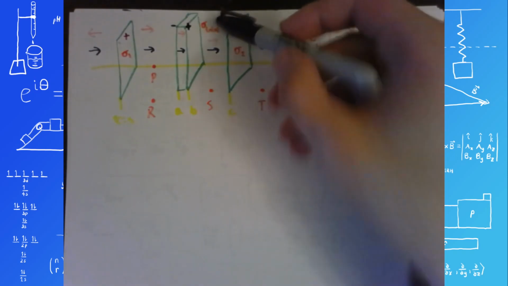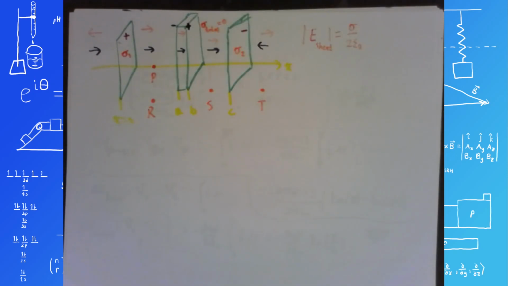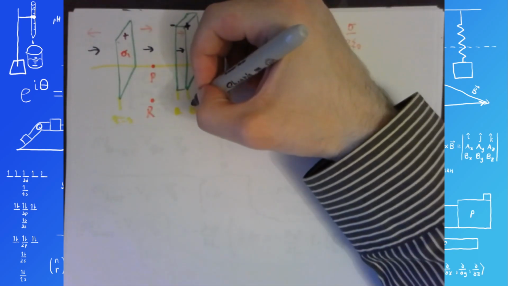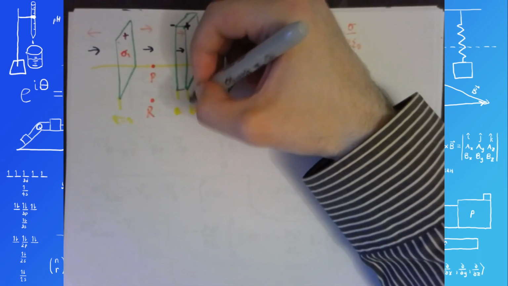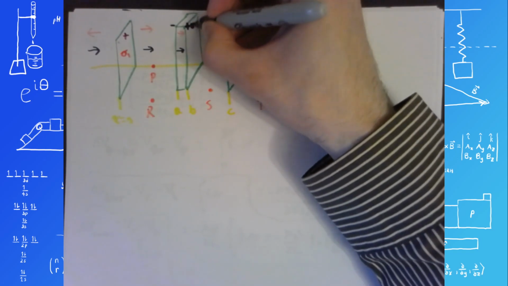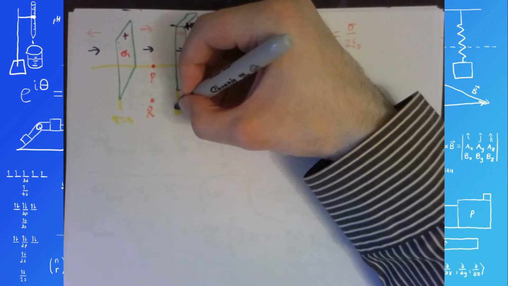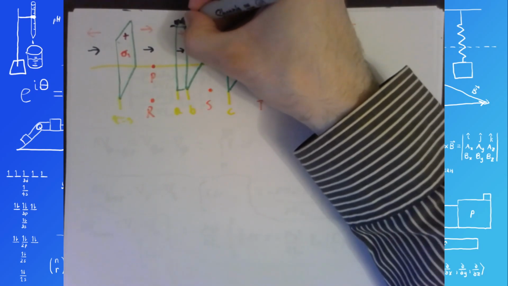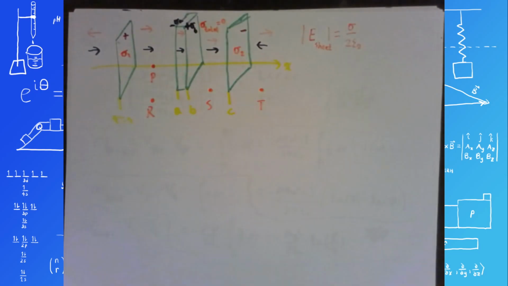And because the total has to be 0, I would say that, well, since this side is at x equals b, I'm going to call it positive sigma b. And since this side is at x equals a, I'm going to call that a negative sigma a. And sigma a is going to equal the negative of sigma b. Or if you prefer, magnitude of sigma a equals magnitude of sigma b.